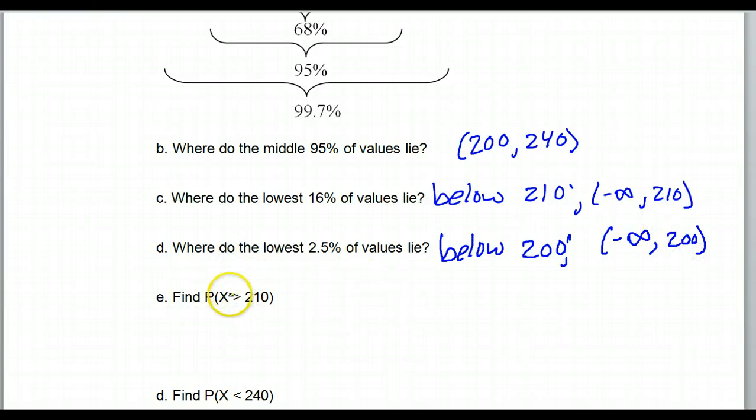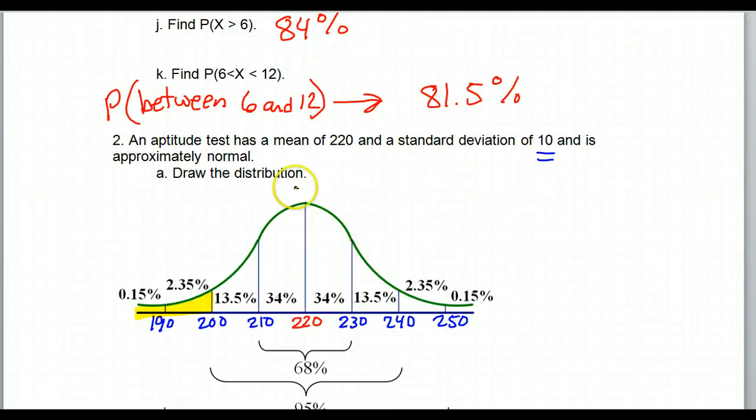Find the probability of picking a value above 210. And this does mean above 210. So anything above 210, it helps me to do this shading. So here's 210 and here is above 210.